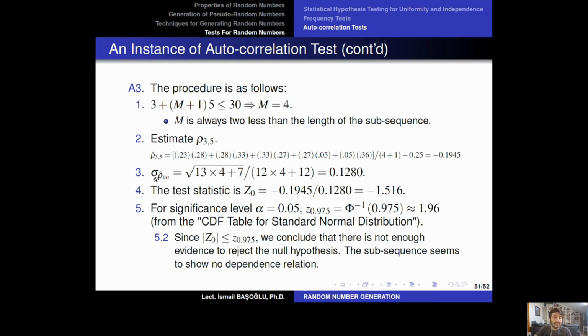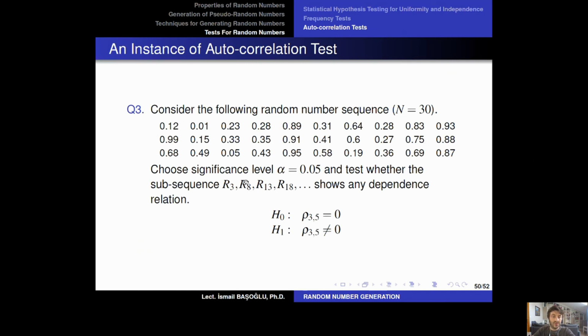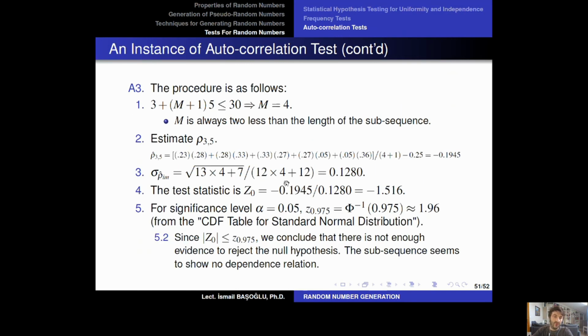Okay. Then the theoretical standard deviation for this autocorrelation estimate will also be calculated by the indicated formula here, which will be 0.1280 for the capital M value of 4. And the test statistic will be the division of the autocorrelation estimate by this theoretical standard deviation, and that is minus 1.516.